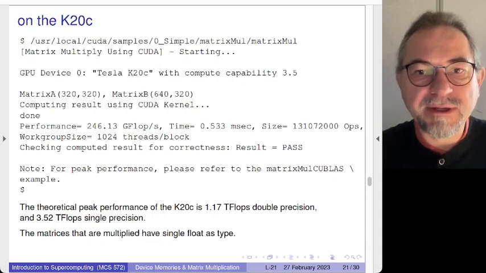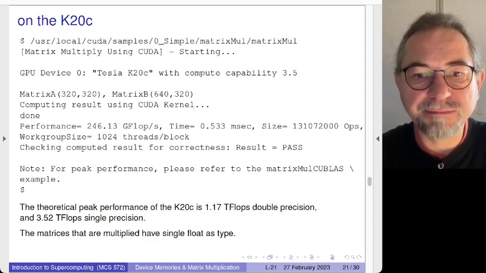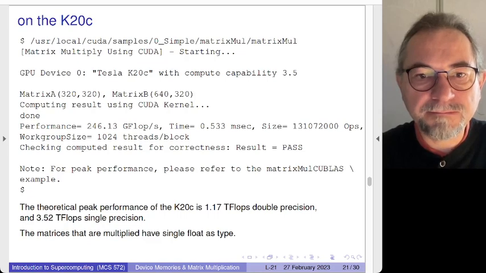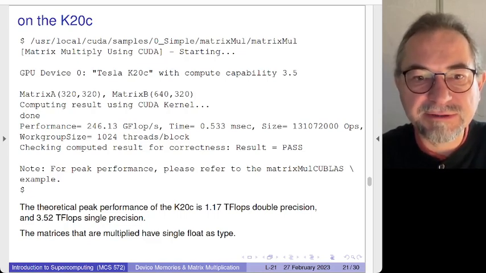On to Kepler. Kepler was the first graphics card that had a theoretical peak performance of a teraflop. But here the problem is that the sizes of the matrices are actually too small.